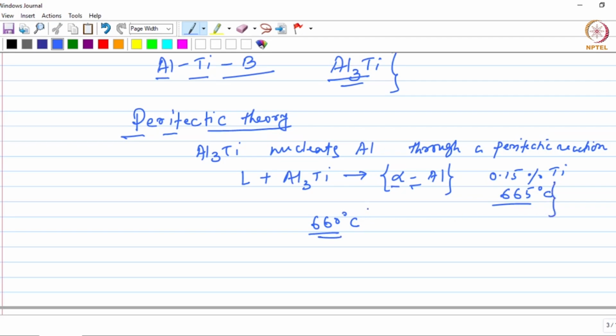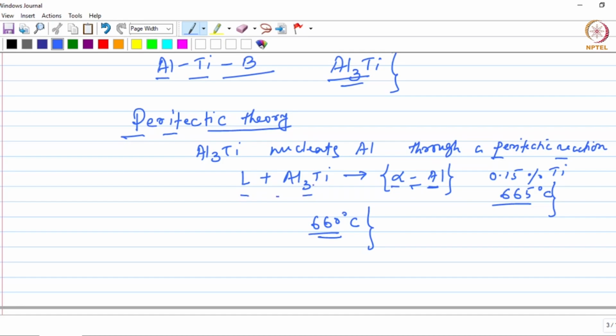So even before the aluminium solid phase starts to form from the liquid phase, you already have this alpha aluminium phase present in the liquid, and now this will act as the nucleating surface, right? So that's what I meant when I say that it nucleates aluminium through a peritectic reaction, right? So that is basically through this alpha aluminium which forms due to the peritectic reaction, okay?